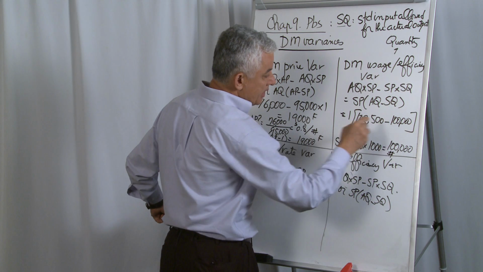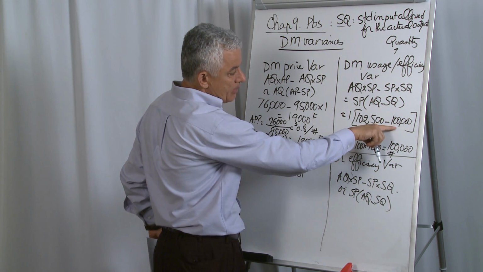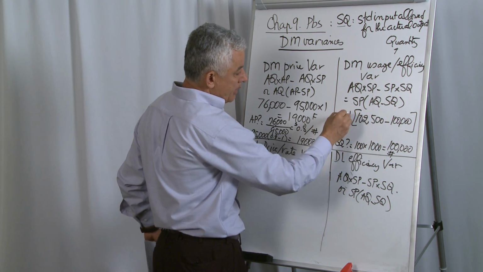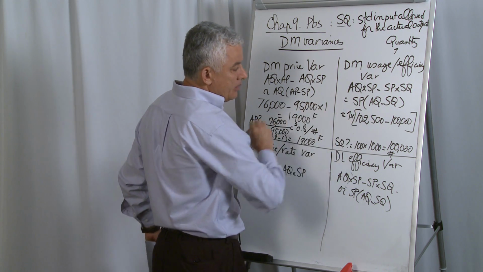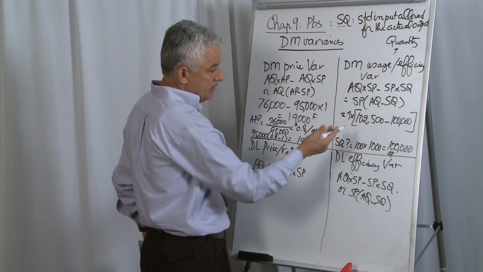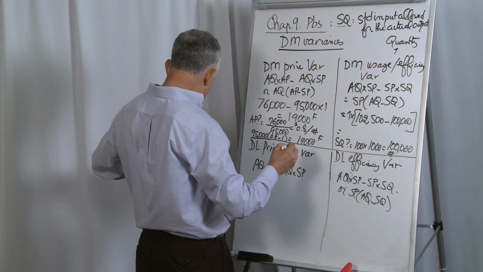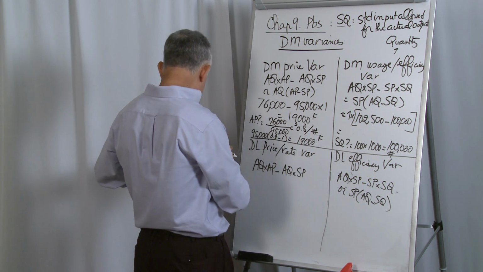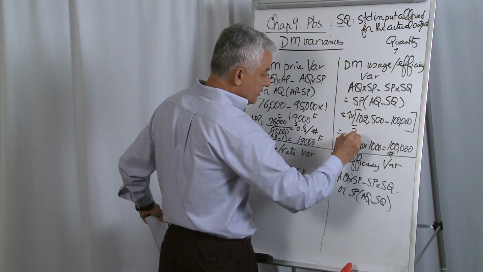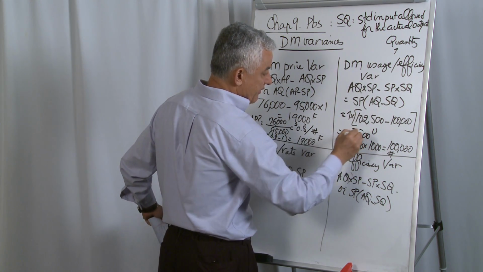Clearly here we used more than what the budget calls for, which is how we get our unfavorable variance, 2,500 unfavorable.